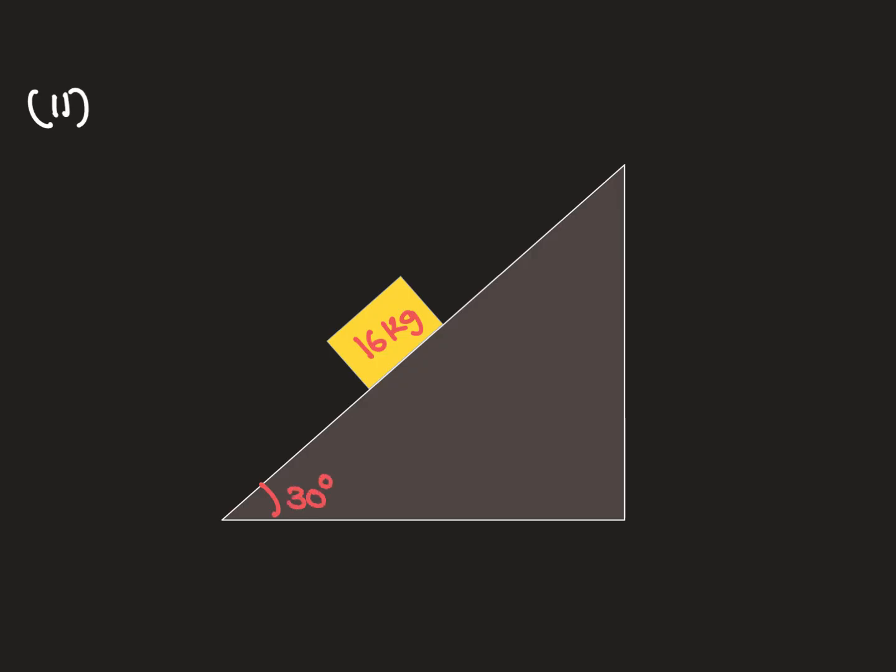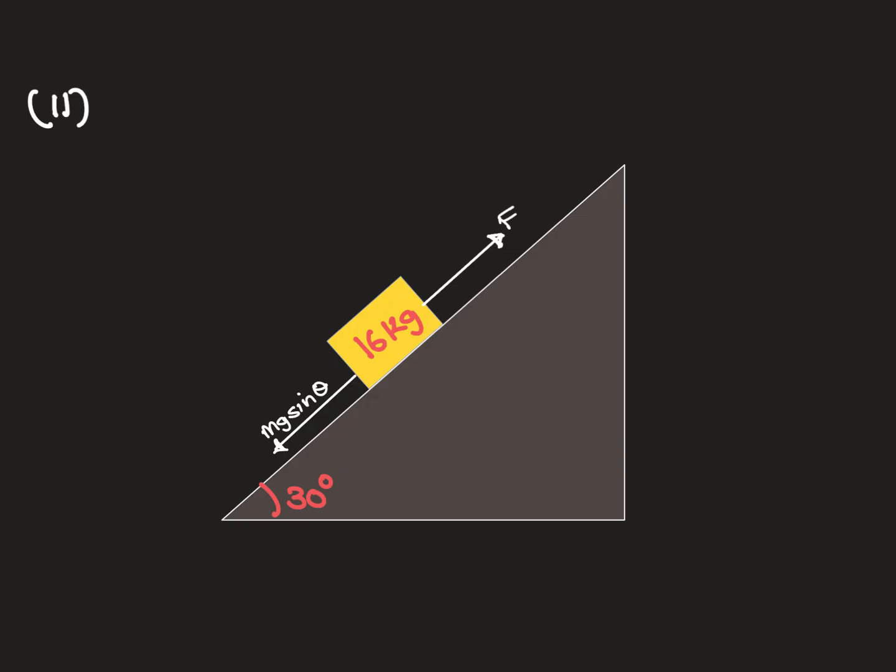We have a force that is always acting downwards, which is mg sin θ, and if this body is going to accelerate downwards, the frictional force acts in the opposite direction.